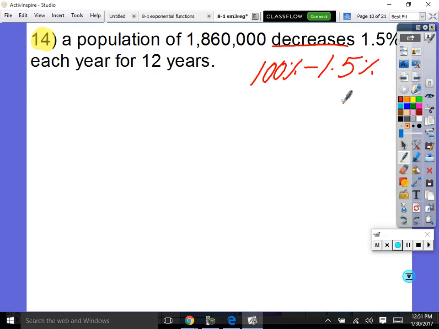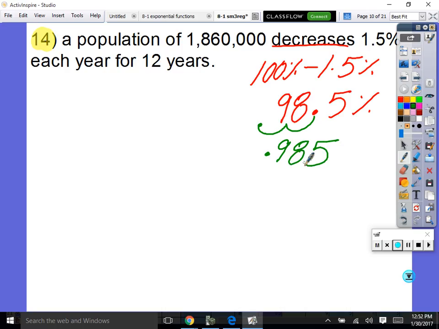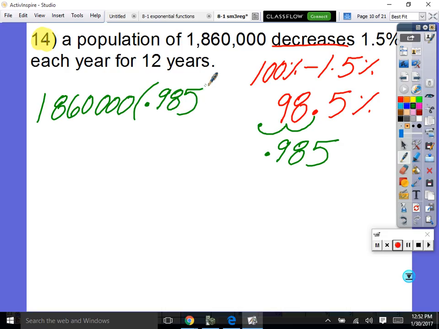So 100% minus 1.5% is 98.5%. To write that as a decimal, you move your decimal 2 places, right? So 0.985 is our decay factor. Isn't that less than 1? So we would start out with 1,860,123 times 0.985 raised to the 12th power.